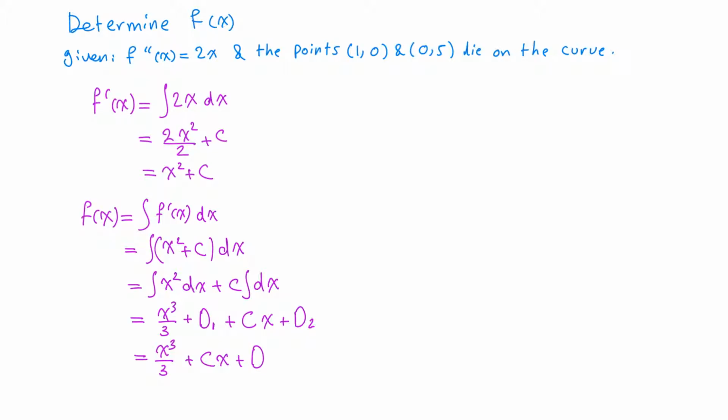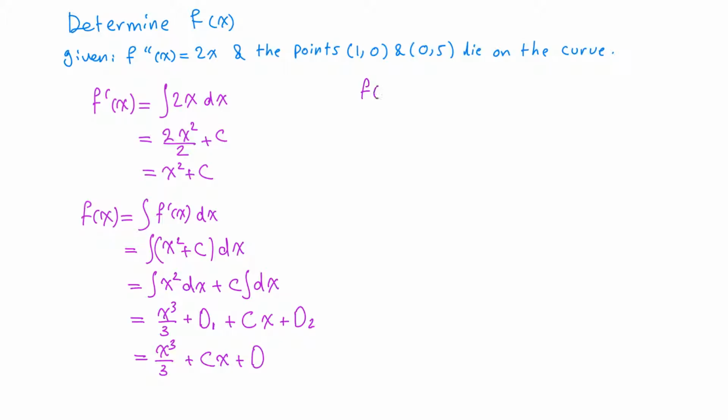If you notice now, I have the function and I have two unknowns. I don't know what this c constant is, and I don't know what this d constant is. And I'm given two different points, so I can make two equations, and I have two unknowns, and I can solve for those. So let's do that next.